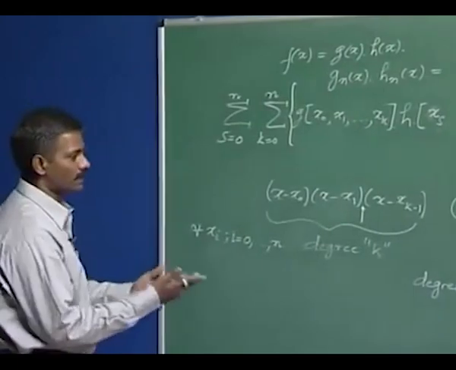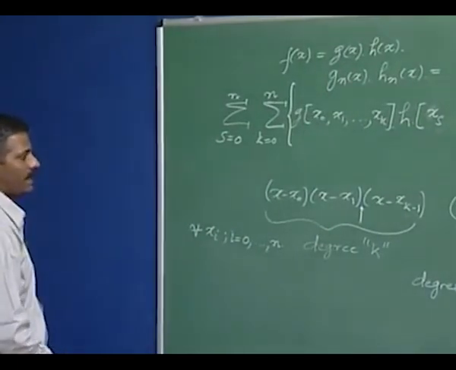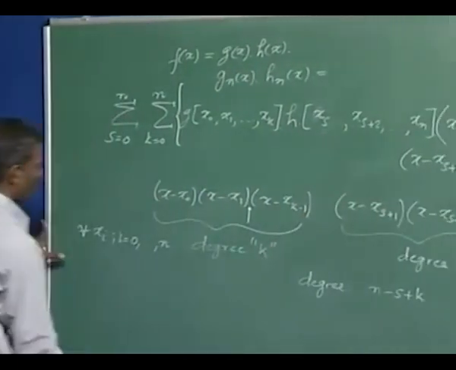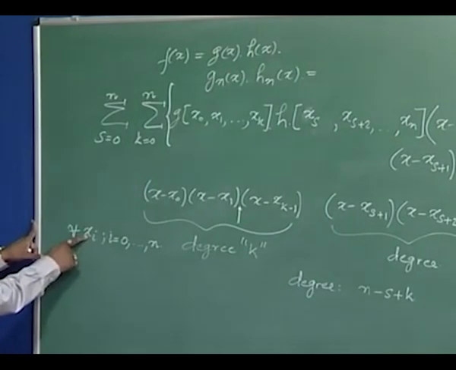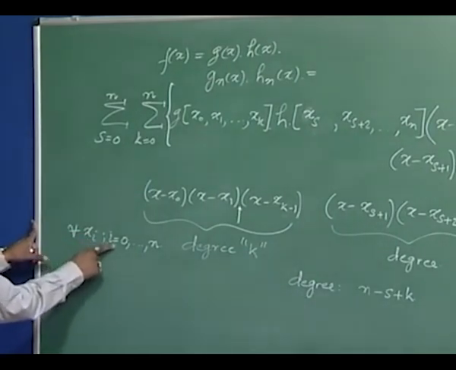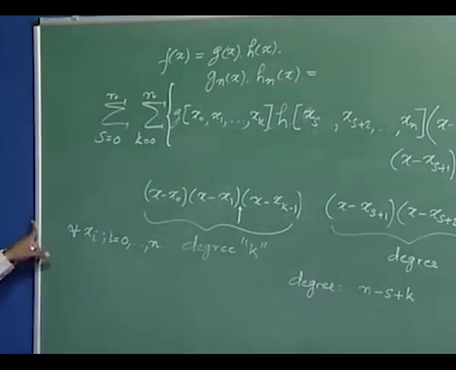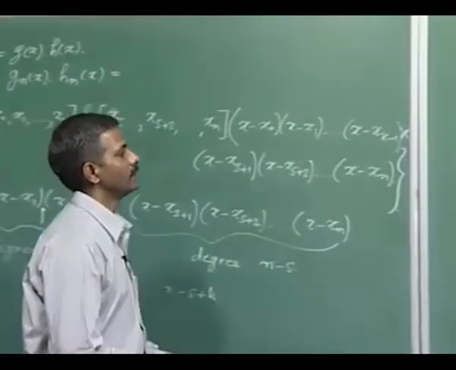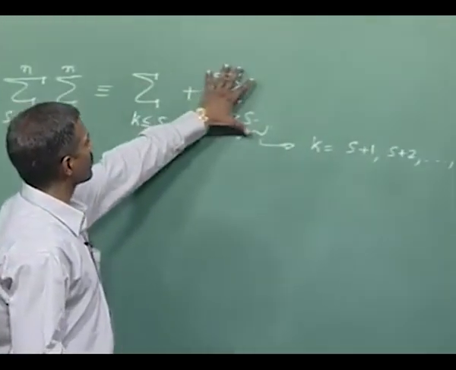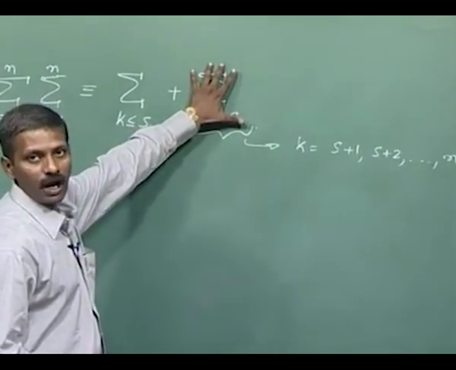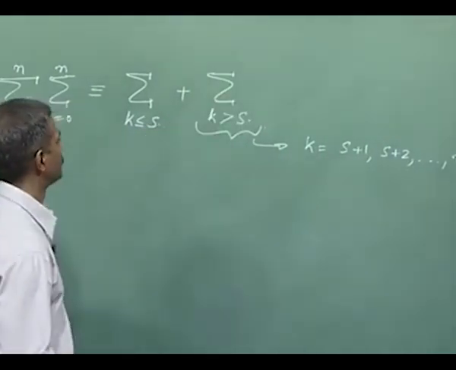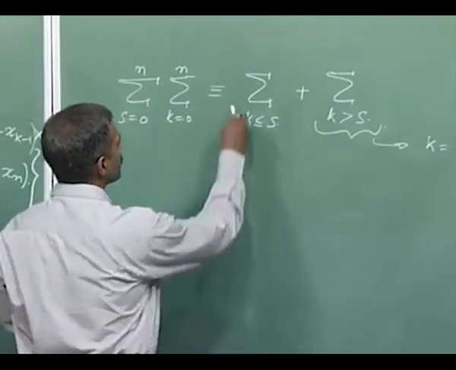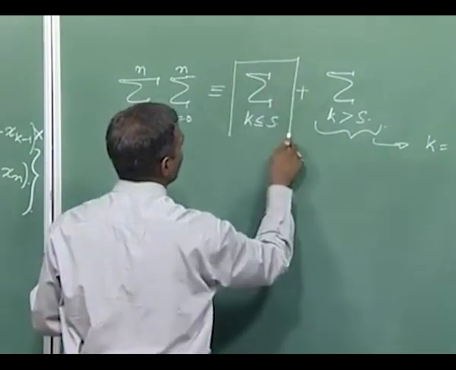There will be some square terms and so on and so forth. And this entire expression will become 0 for all values of xi for i going from 0 to n. So if you think about it, this part of the summation does not bother us. It is this part that we need to worry about.